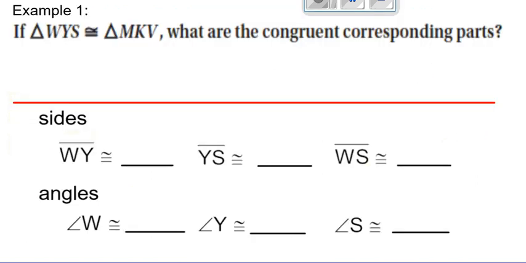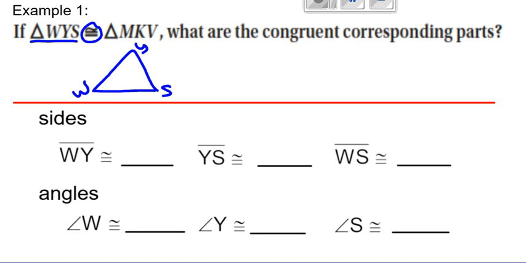All right, so this one says, if triangle WYS is congruent to triangle MKV, what are the corresponding or congruent parts? Well, your life's going to be a whole lot easier if you just draw yourself an image. So this triangle WYS. It really doesn't matter what shape your triangle is, but the important thing is congruent.